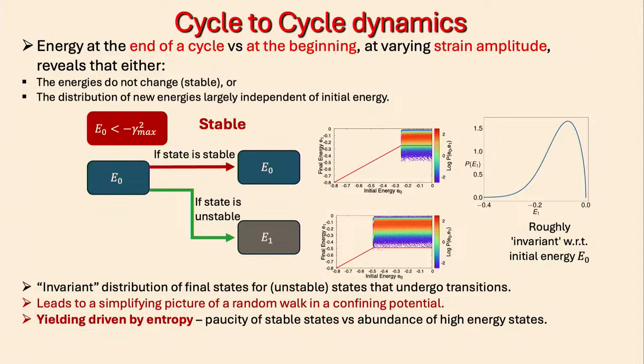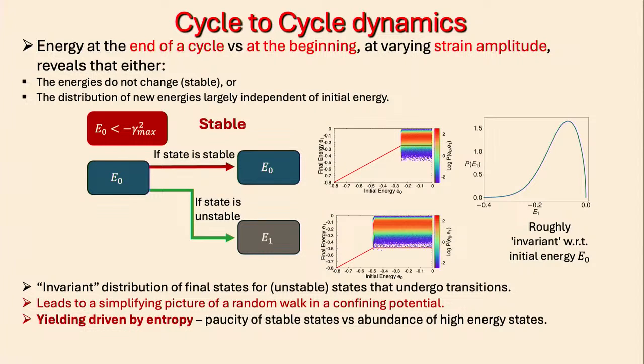And without going into the details, what you can see from the color map is that the final state that I reach at the end of the cycle doesn't seem to depend much on where I started, okay? Because basically, if I take any cuts here, I get the same distribution that looks like this.